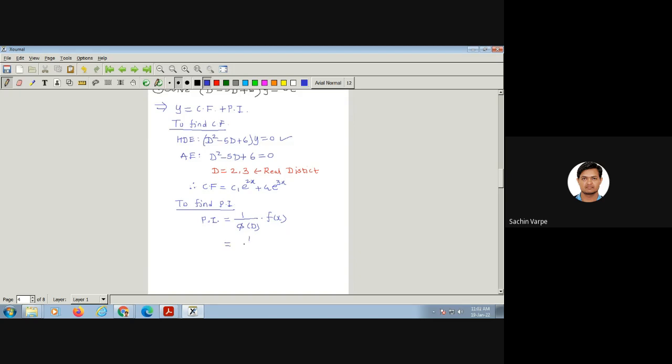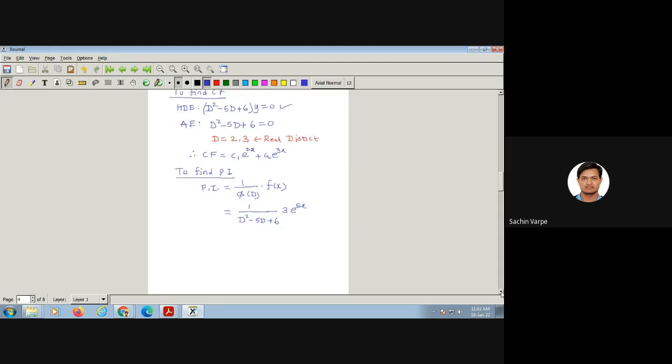We substitute phi of D and f of x. So what is phi of D here? It is D square minus 5D plus 6, and f of x is 3 e to the power 5x. As 3 is constant, I can write it outside the operator, that is 3 times 1 upon D square minus 5D plus 6, e to the power 5x.